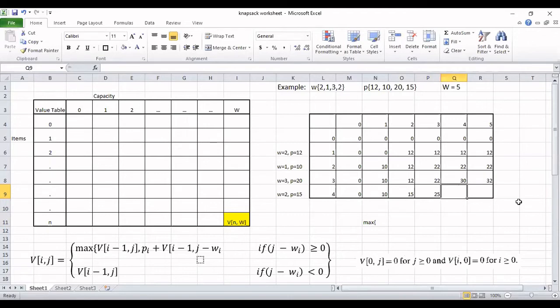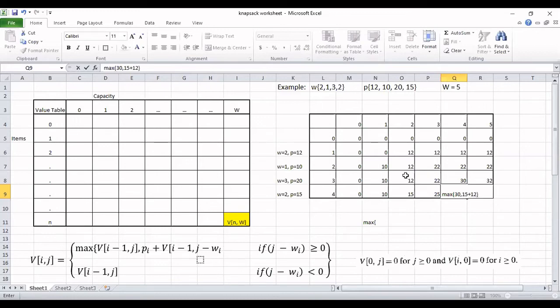Now the next one. Can we accommodate this item? Yes. Then we go for maximization. It's a max of previous profit, which is 30, and the current item's price, 15, plus V of I minus 1, J minus WI, which is 12.